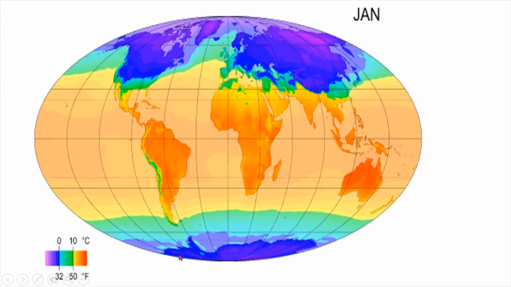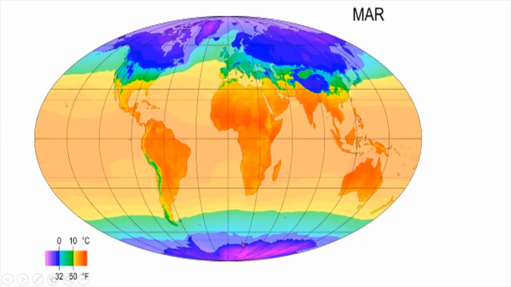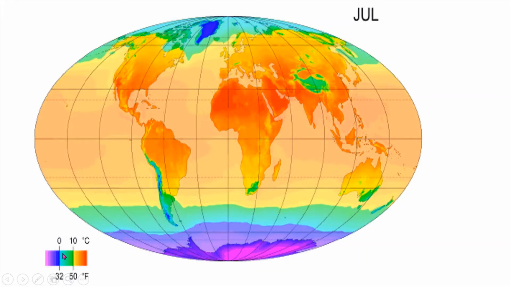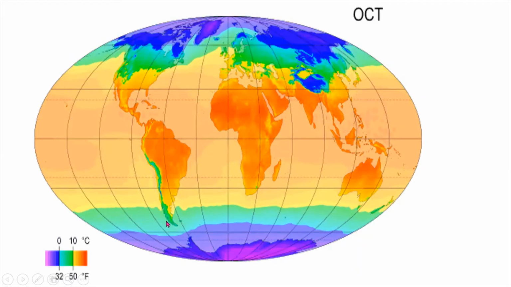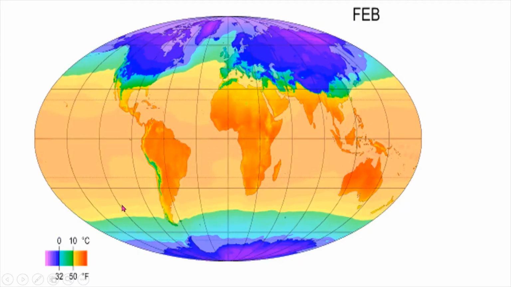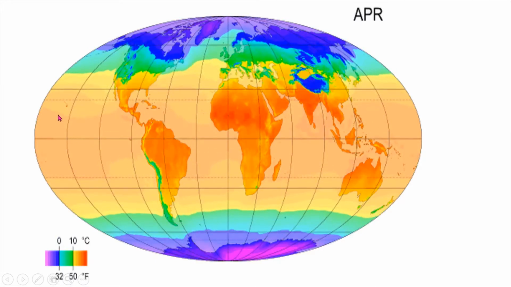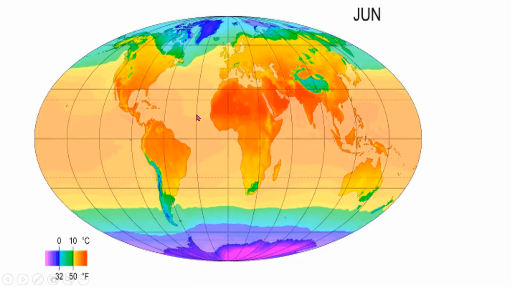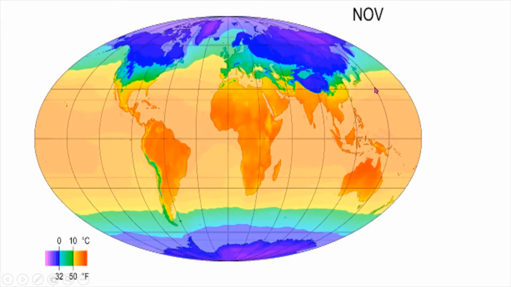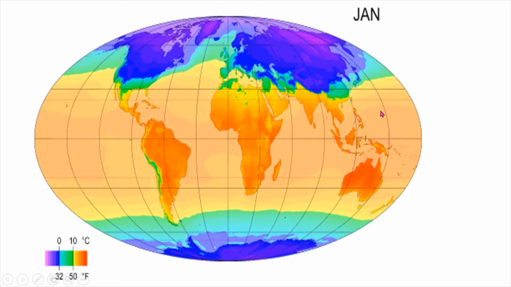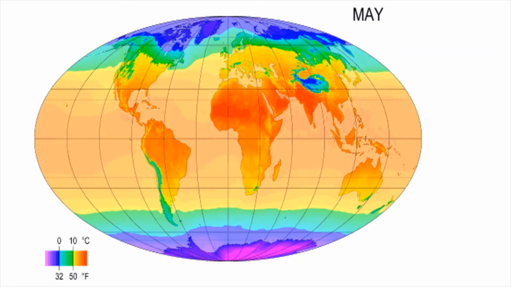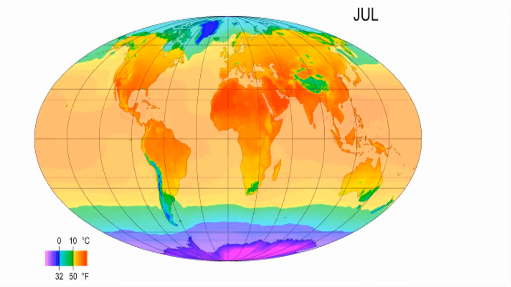This blue part is below 0 degrees centigrade, and this green part below the Tropic of Cancer varies from 0 to 10 degrees, and from 10 to 40, 45 depending upon the months of the year.